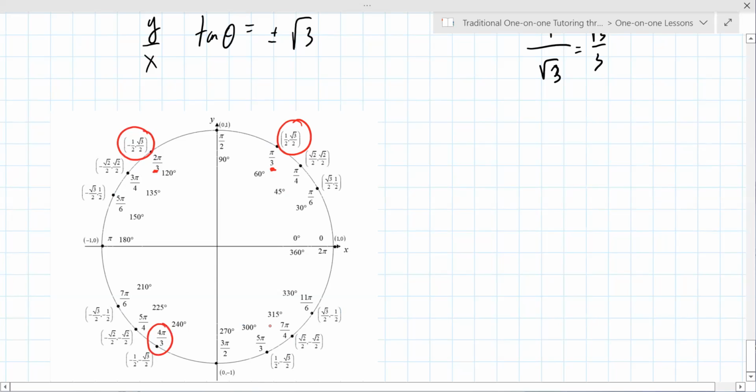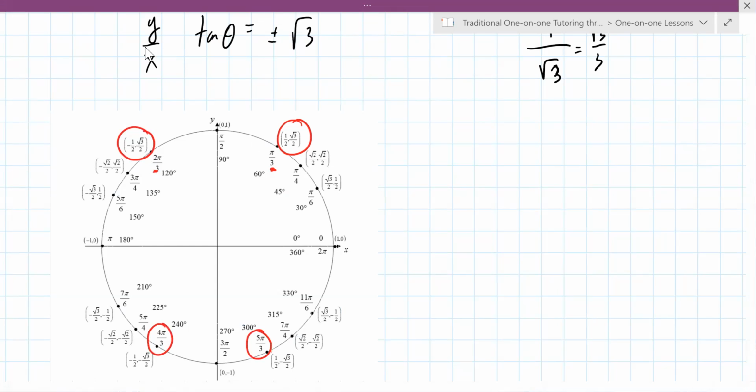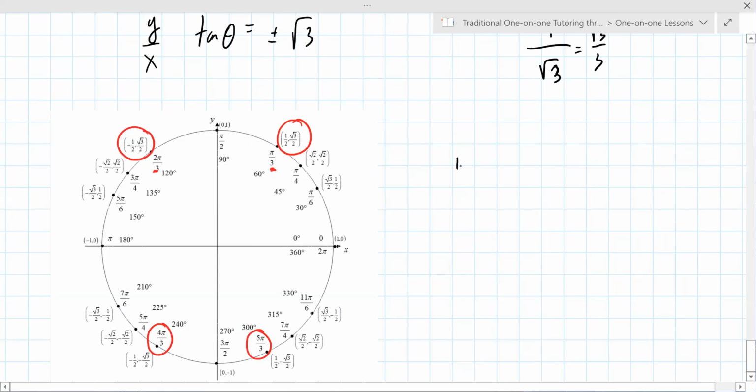Nice little pattern there. And then again at 5 pi over 3. So your answers are pi over 3, 2 pi over 3, and 4 pi over 3. The reason we're not more concerned about the sign is that it's both plus and minus. So the 2 positives make the plus, the 2 negatives make the plus, and then 1 positive, 1 negative gives you the minus.